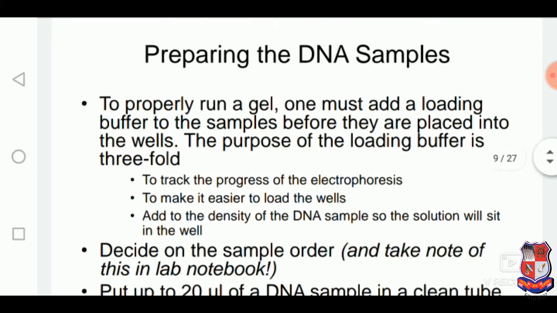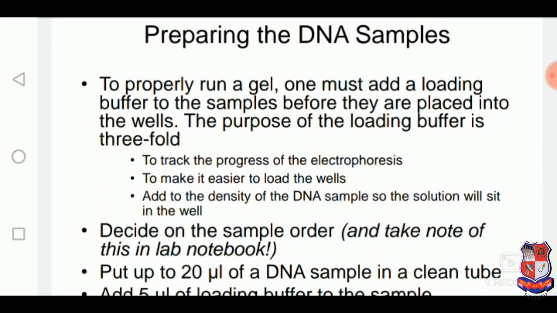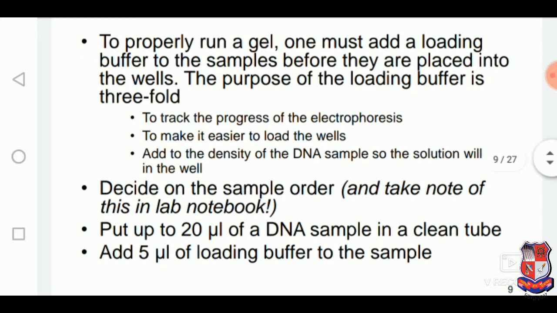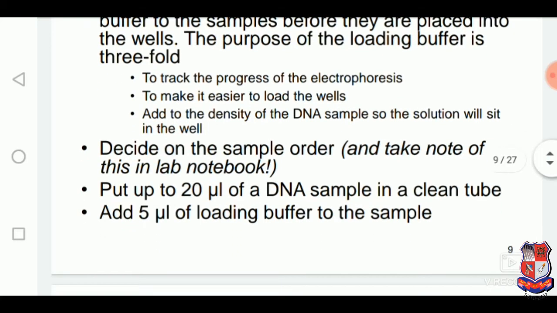Preparation of DNA samples. To properly run a gel, one must add a loading buffer to the samples before they are placed into the wells. The purpose of the loading buffer is threefold: to track the progress of the electrophoresis, to make it easier to load the wells, and to densify the DNA sample so the solution will sit in the well.